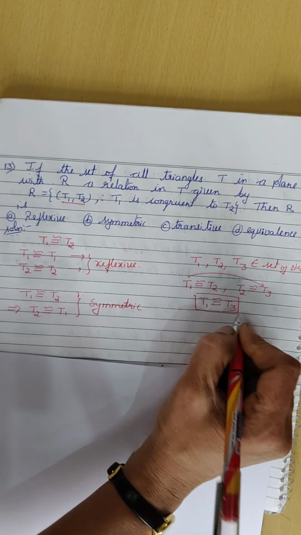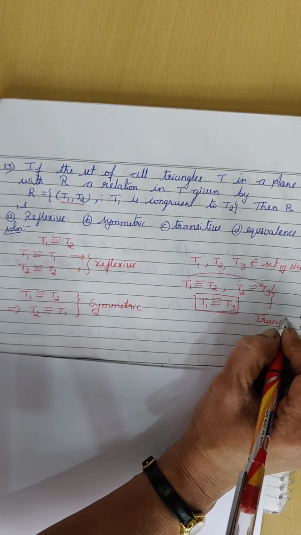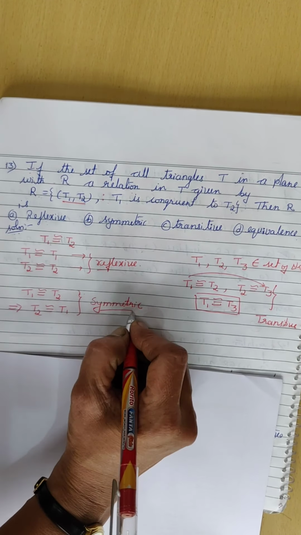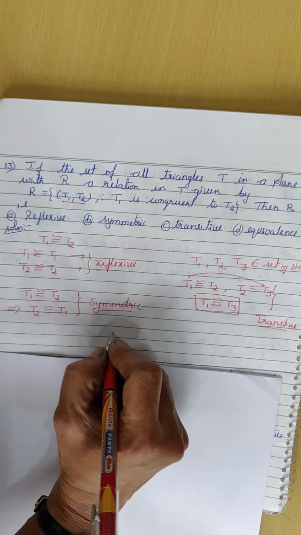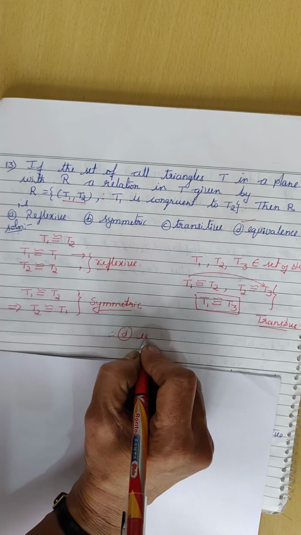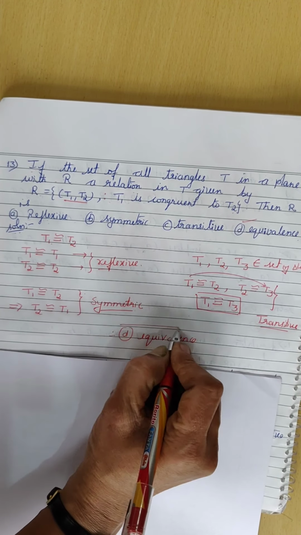So this is transitive. Now this is reflexive, this is symmetric and transitive. Therefore, the option is D, equivalence. Our answer is D.